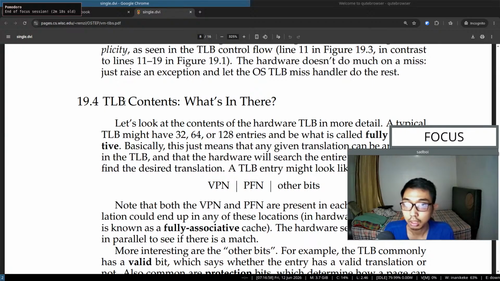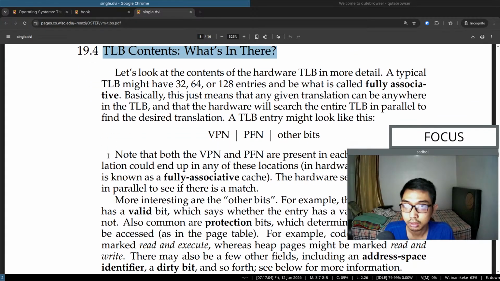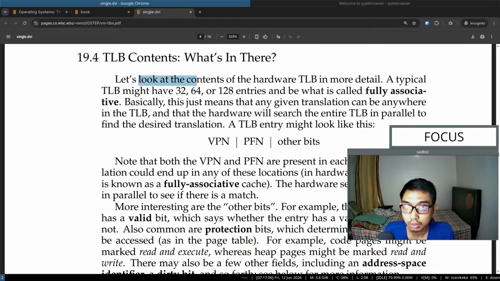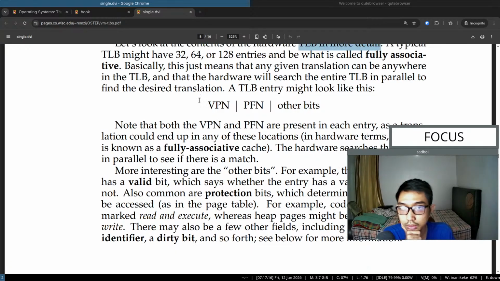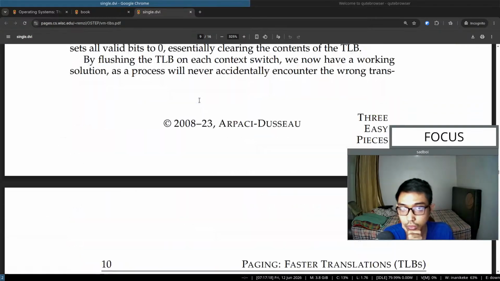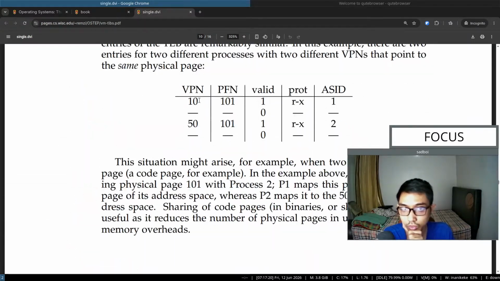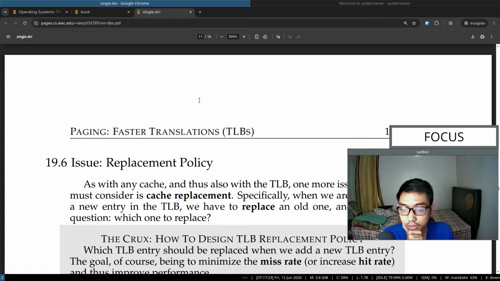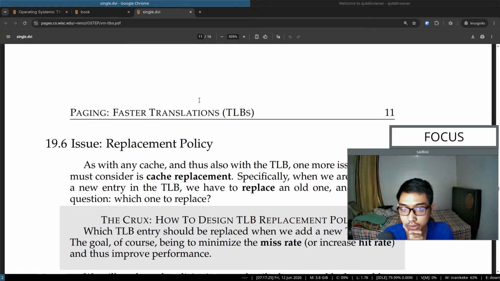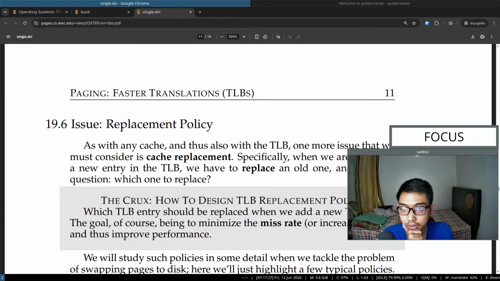Okay, the TLB content. What is in there? Let's look at the content of the hardware TLB in more detail. Oh, there is replacement policy, right?